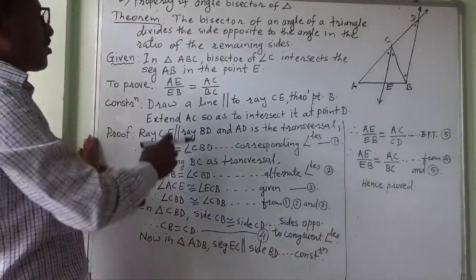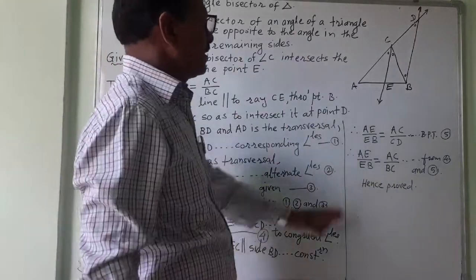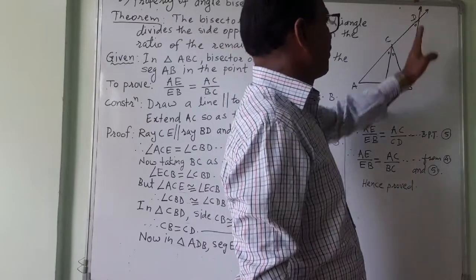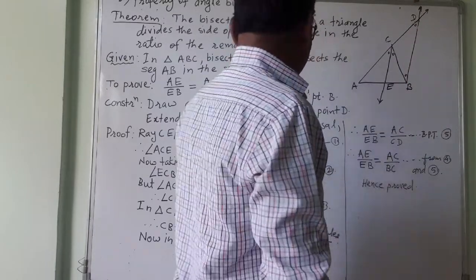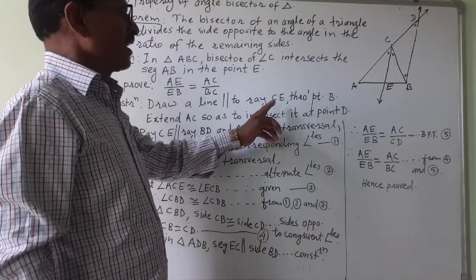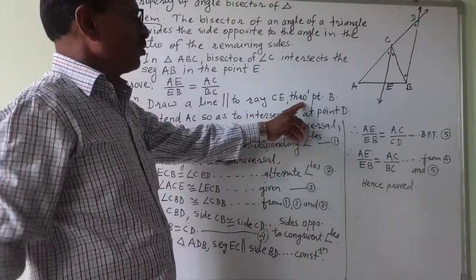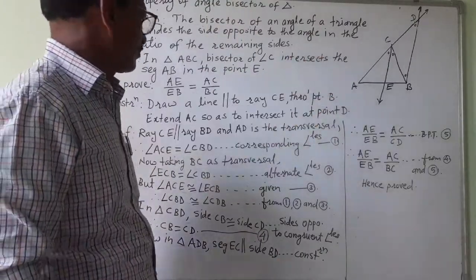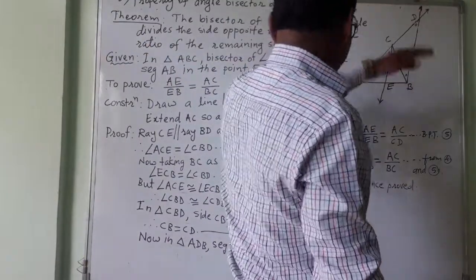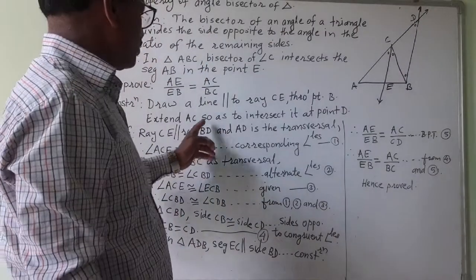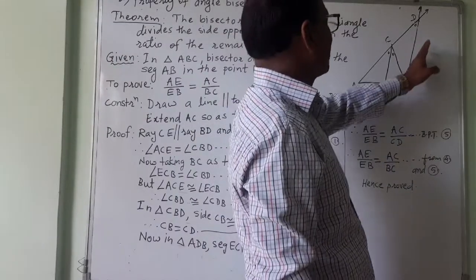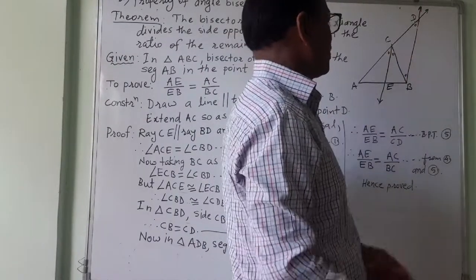Now construction: draw a line parallel to the ray CE. This is the angle bisector. For this angle bisector, I have drawn a parallel ray BD. Draw a line parallel to the ray CE through the point B. Extend AC so as to intersect it at the point D. First of all, what to do?